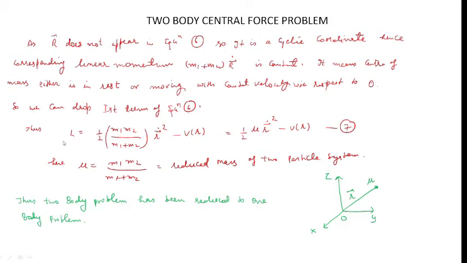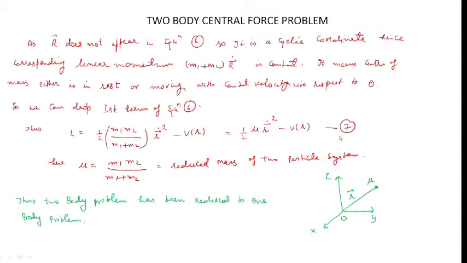So here our Lagrangian now will be 1 by 2 m1 m2 upon m1 plus m2 r dot square minus V(r). Let us say m1 m2 upon m1 plus m2 is equal to mu. Here mu is called the reduced mass. So L will now be equal to 1 by 2 mu r dot square minus V(r).